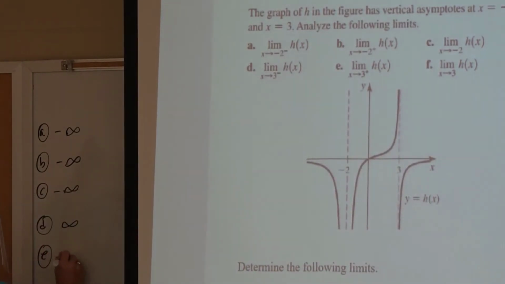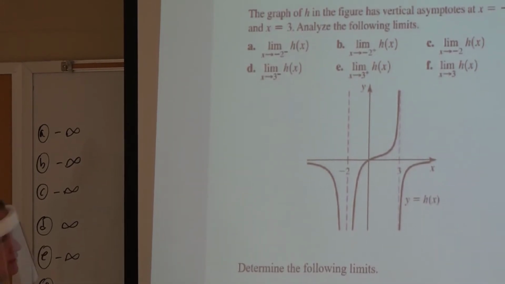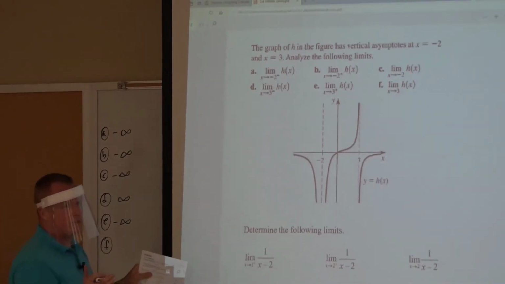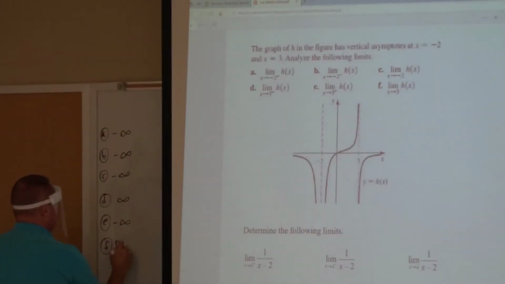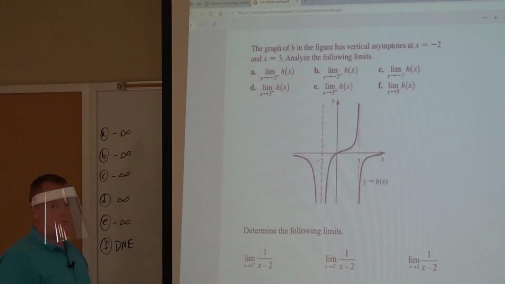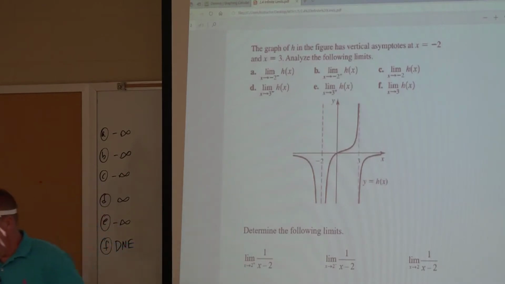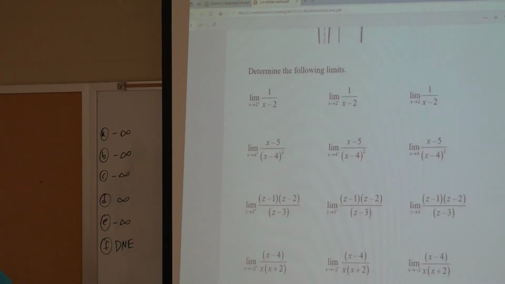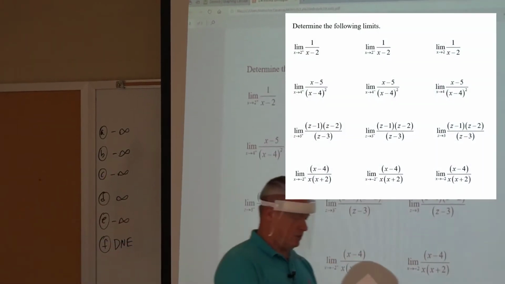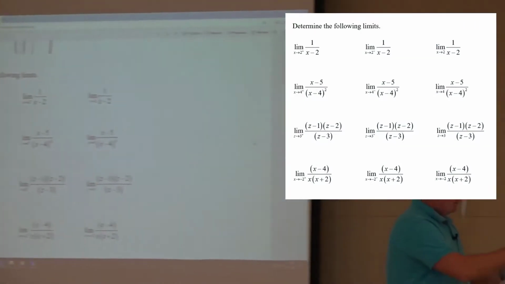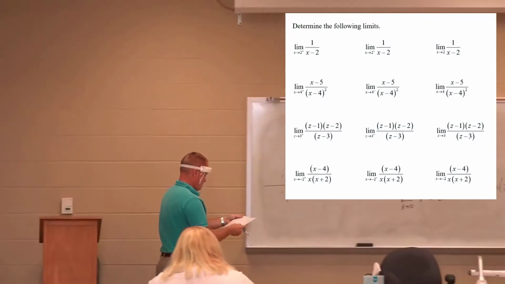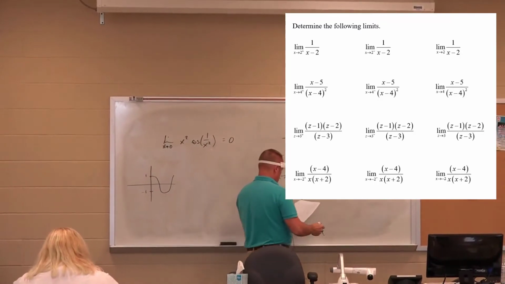What would I need to say about the function as x approaches 3? Does not exist, because it is not doing the same thing on both sides. Questions about that? All right, got a bunch of problems here to do. Let's go back over here and see what we got.